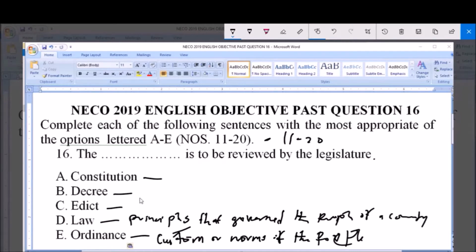Then edict is a law made by a military governor, it is called edict.